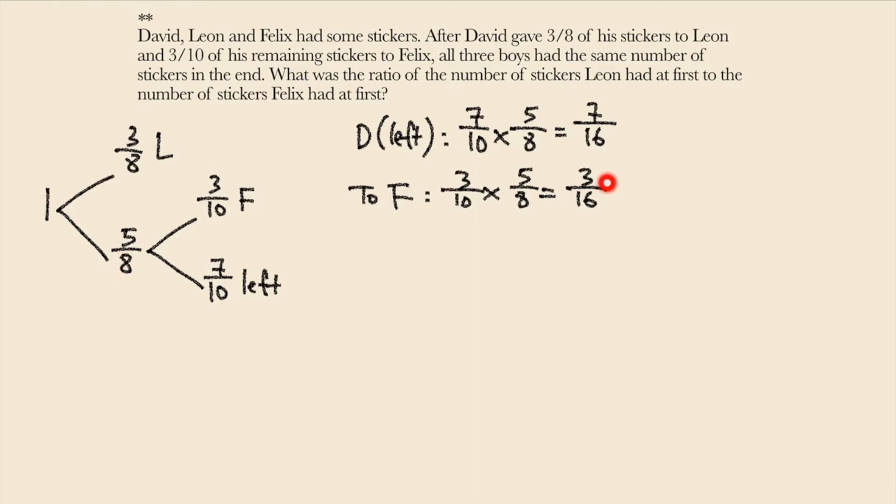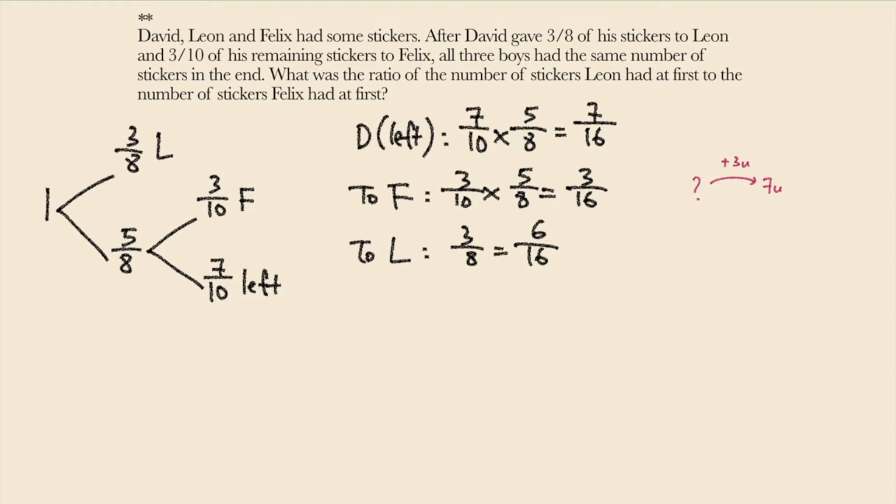That's 3 units. Well, let me draw a little diagram here to illustrate what's happening. That means if Felix also had 7U in the end, and we know he was given 3 units, does that not mean that he had 4 units at first? So keep that in mind for the moment. Right, what was given to L then? 3/8. Well, we are working with 16 as the denominator, so we're not going to use 3/8, we're going to use 6/16.